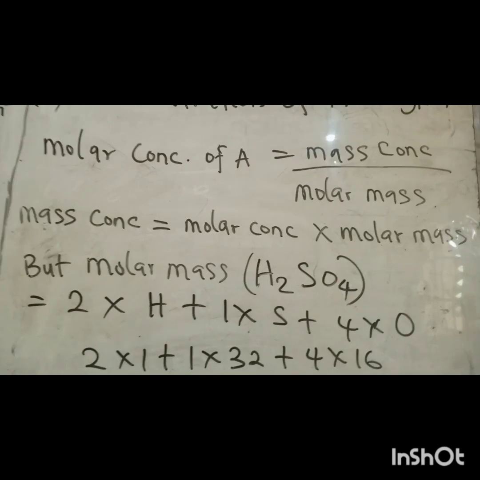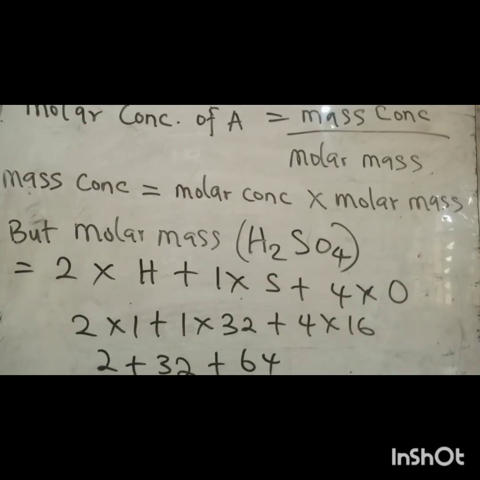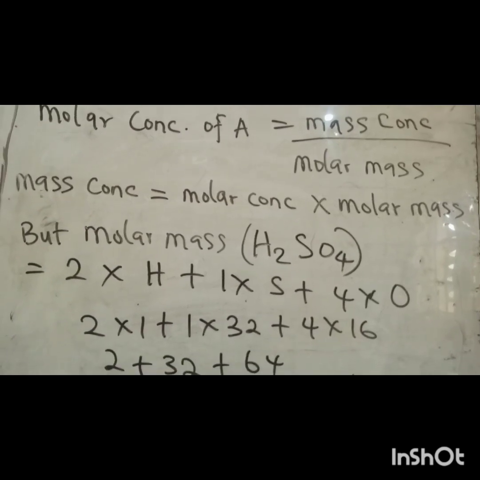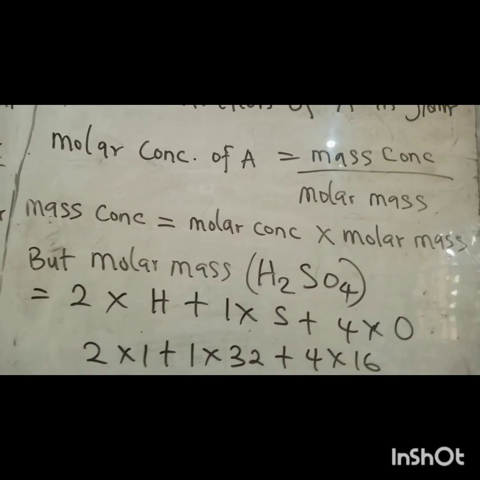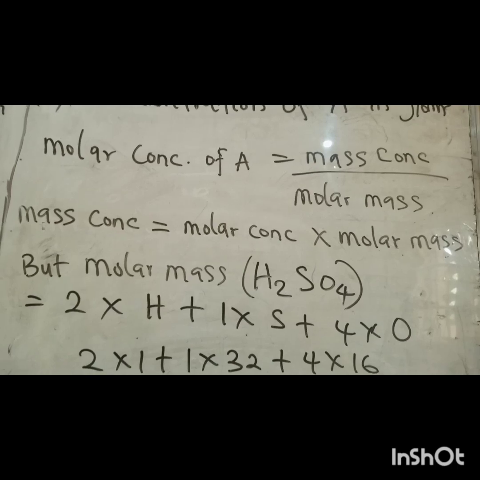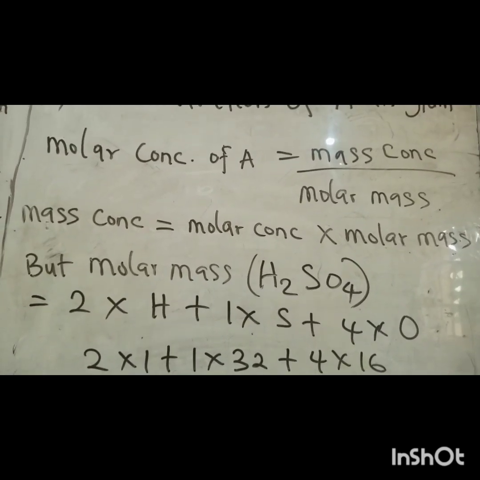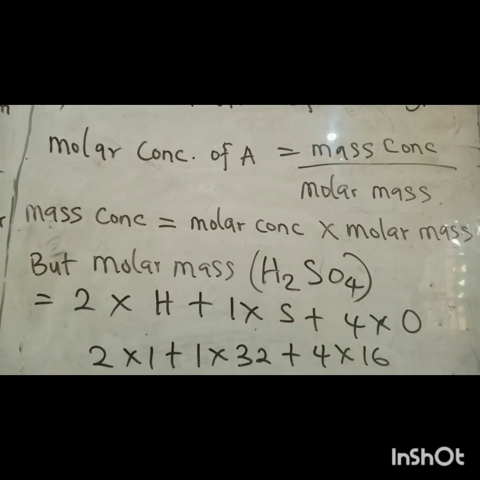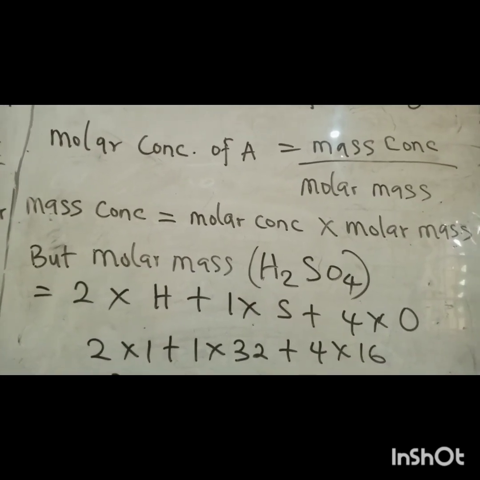Of course, you are looking for mass concentration, because concentration in grams per dm³ is mass concentration, while concentration in moles per dm³ is molar concentration. Since you are asked to calculate the concentration of A in grams per dm³, you have to calculate mass concentration.